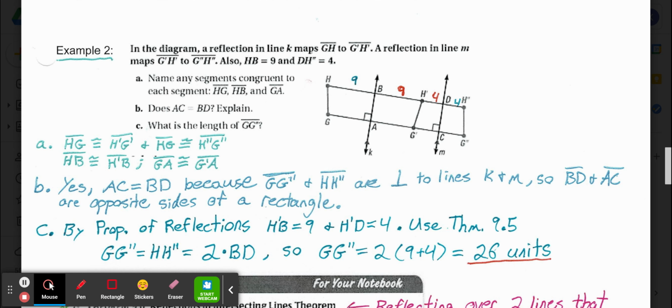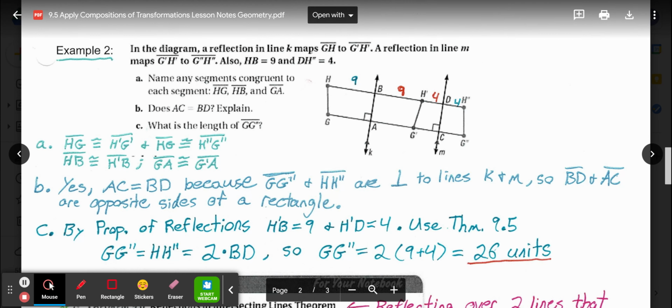In part B, does AC equal BD? So does the distance from A here to C here equal that distance of B to D? So yes, they are equal.